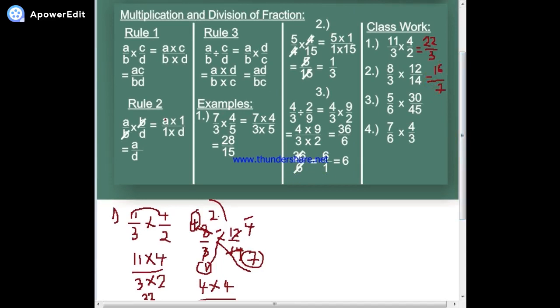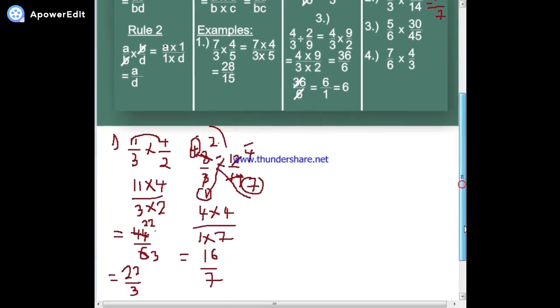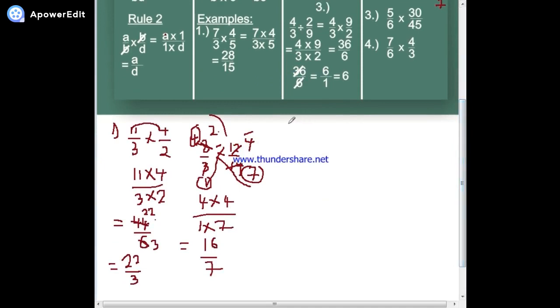Now, let's move to the third question. The third question is 5 over 6 times 30 over 45.